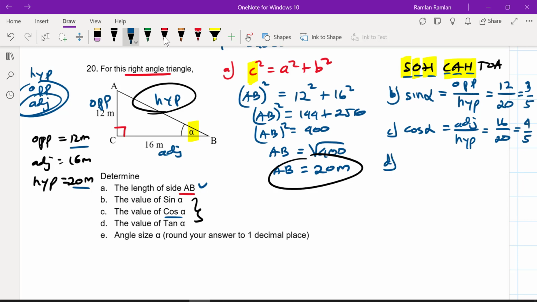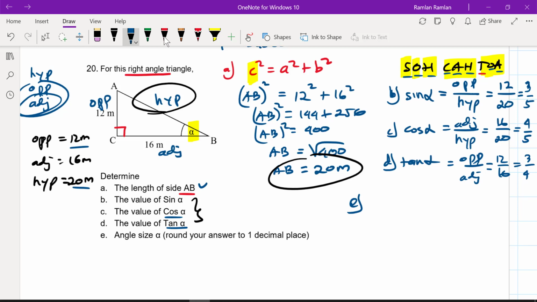Okay, next one is the tangent, right? So we're going to use TOA this time, right? T stands for tan, O stands for opposite, and A stands for adjacent. Then again, you can use the values over here. That'll be 12 over 16, or simplified, that becomes 3 over 4.